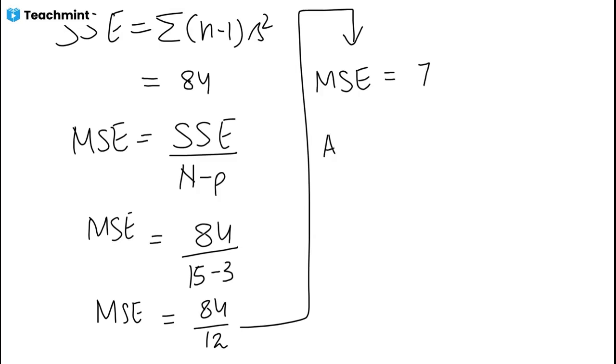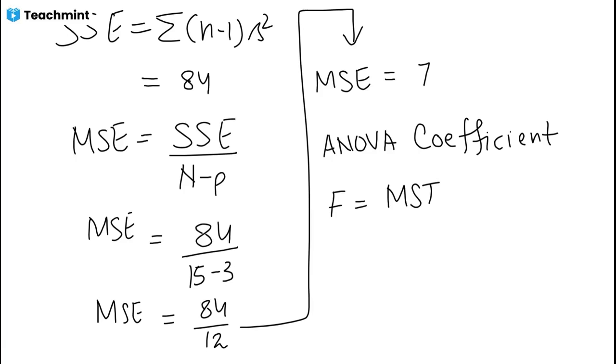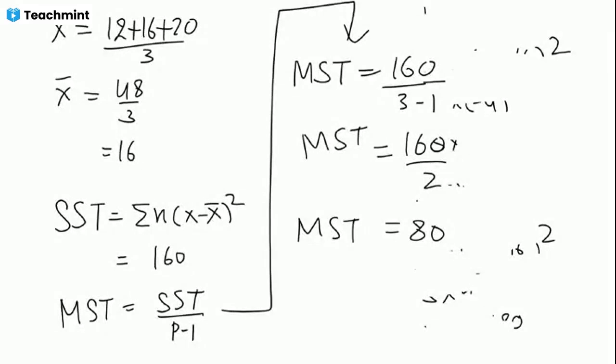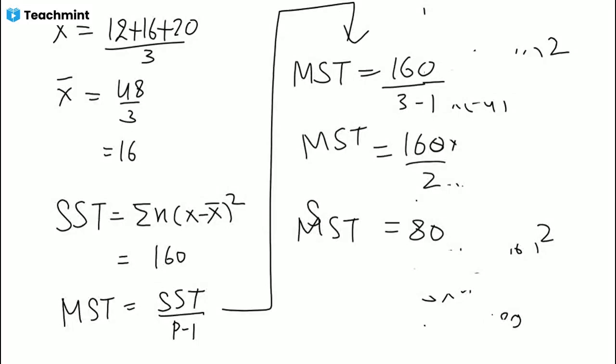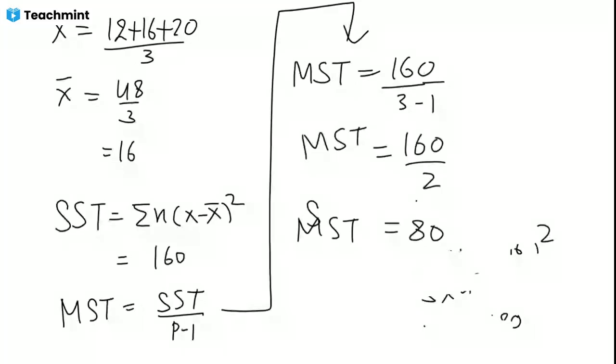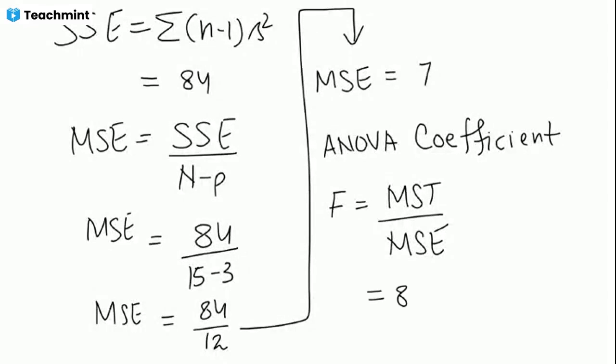So F, the ANOVA coefficient, F is equal to MST over MSE. So MST is 80 and this is 7.